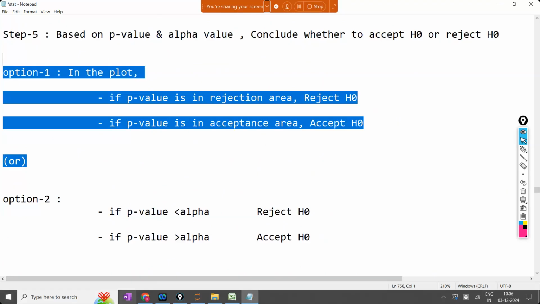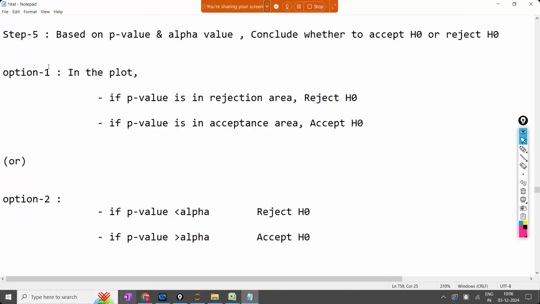For more than one sample, you are not going to draw multiple density curves. Since we can't draw that, there is no option 1, only option 2 we have to follow. So my suggestion for you is, whenever you are applying a one sample test, go with option 1. For other than one sample test, all of them go with option 2. So that one will be easy for you. This one also will be easy for you. No need to get confused unnecessarily.